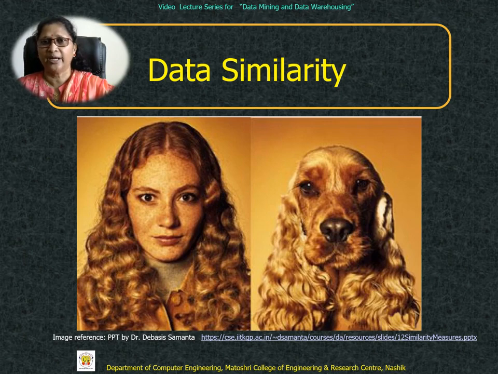Proximity is quantified in two ways: by computing the distance, that is dissimilarity, or by computing similarity, that is nearness, between any two vectors, which are nothing but two data points. Similarity is a numerical measure of how alike the two objects are, and dissimilarity measures how unlike the objects are. Let us learn how to do all this.